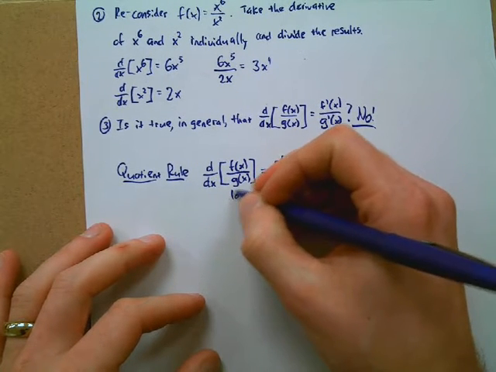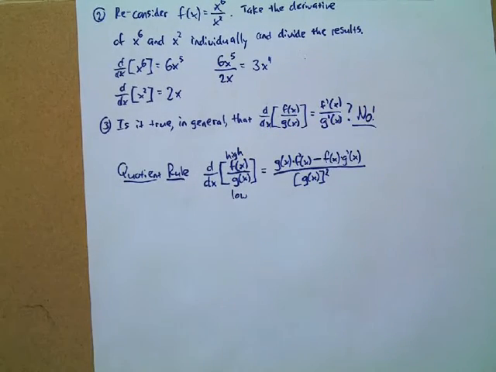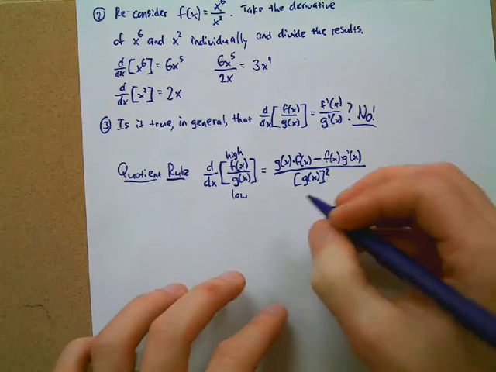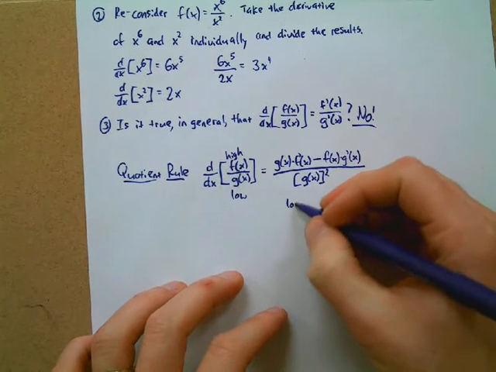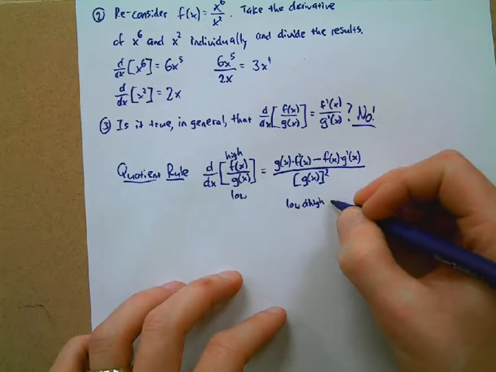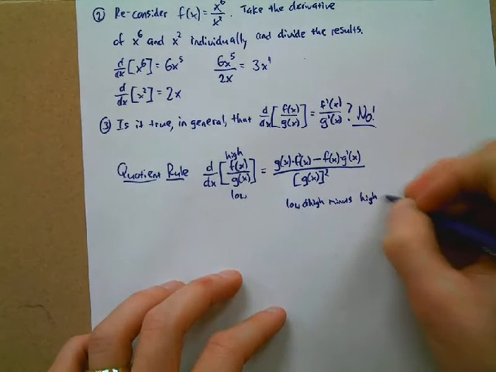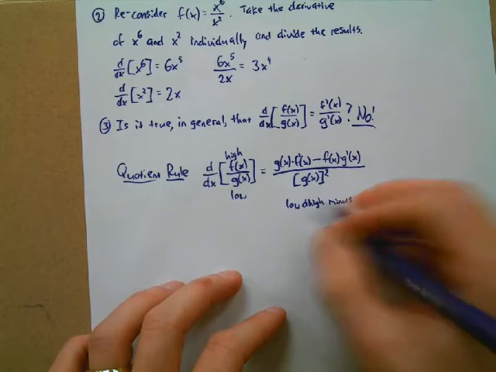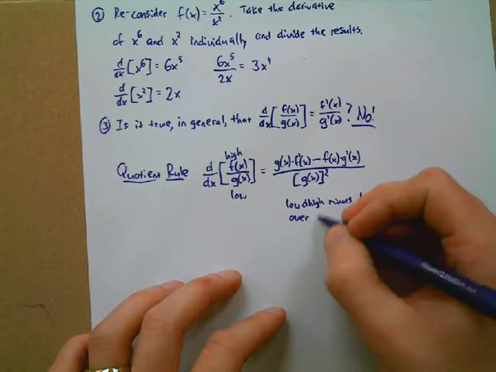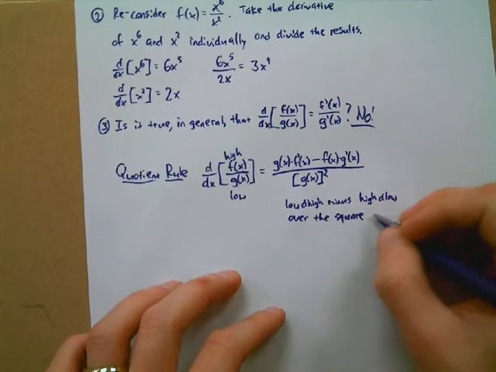Okay, it's like low D. So the little rhyme you can say is low D high minus high D low over the square of what's below. Sounds like something, I don't know, a leprechaun would say or something like that. Low D high minus high D low over the square of what's below.